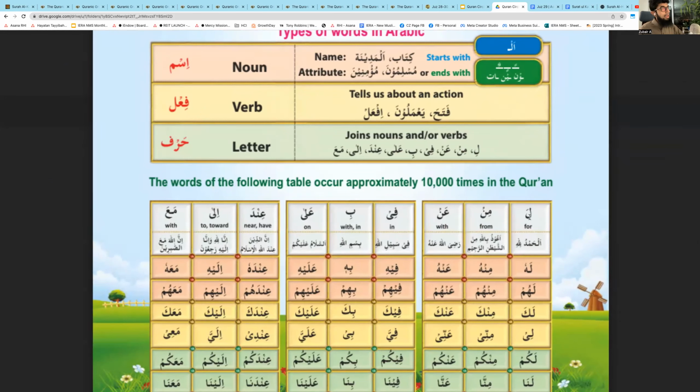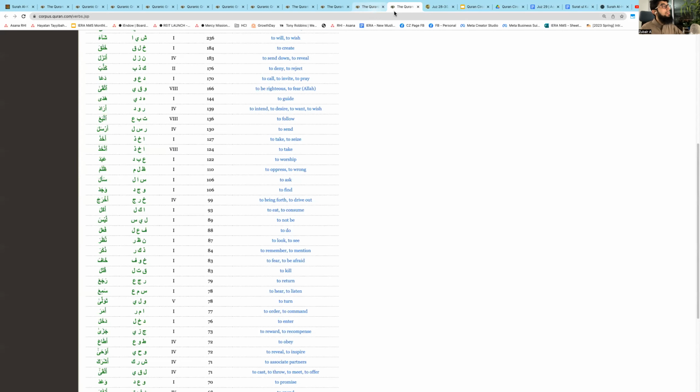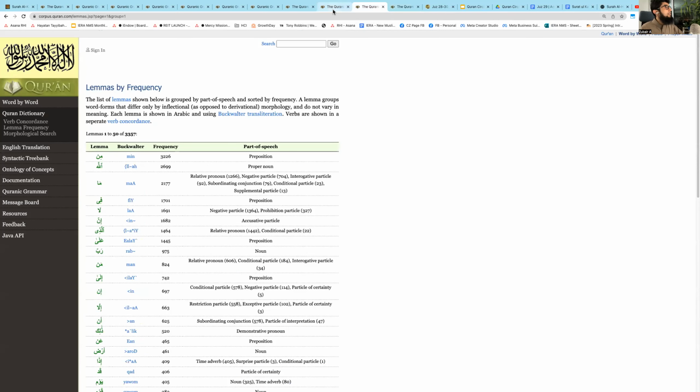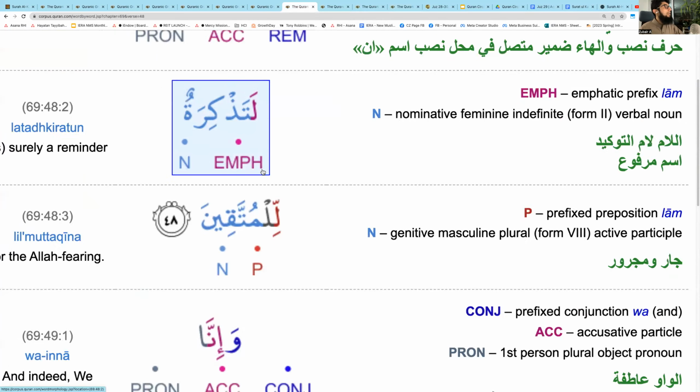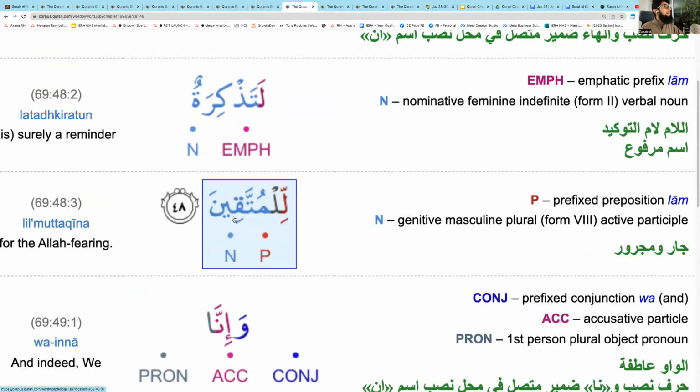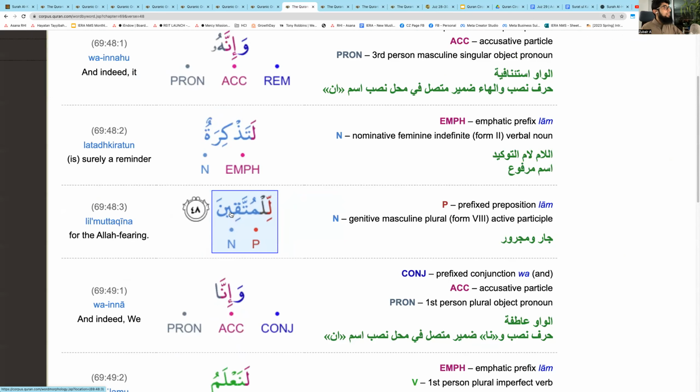I don't know why they have la here, but sometimes it comes as la, so that's why they have it. Alhamdulillah, all praises are for Allah. So here you also have li, li al-muttaqeen, for the people who have taqwa.